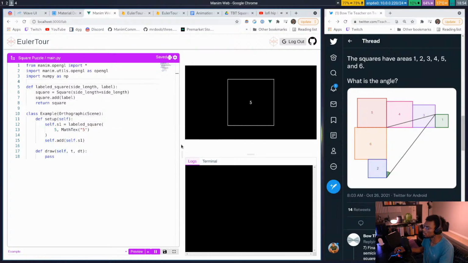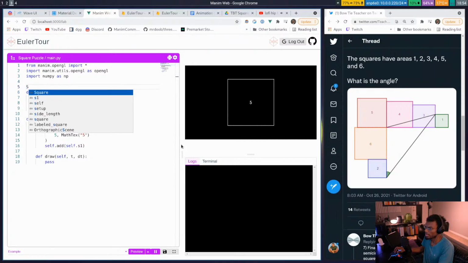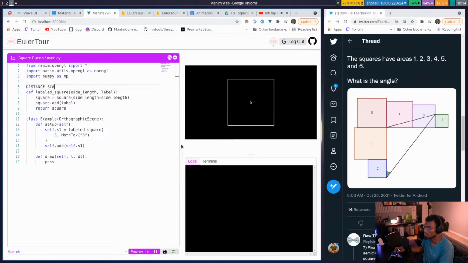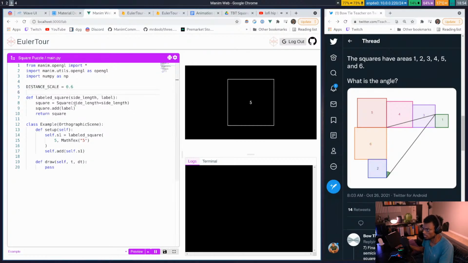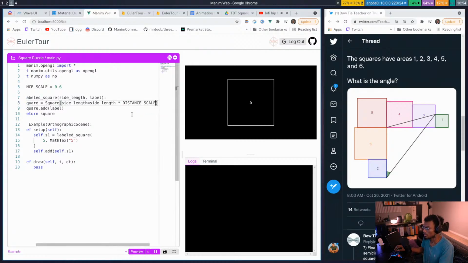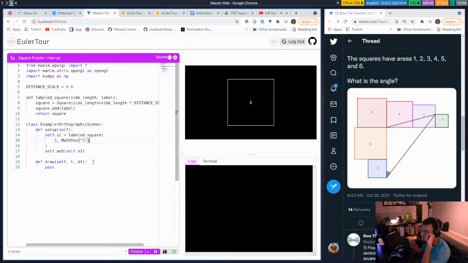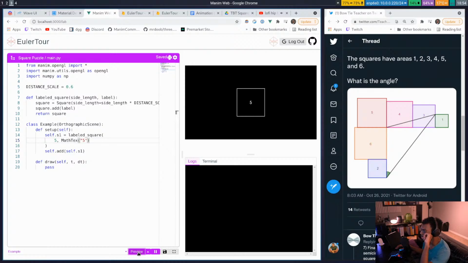Not just for the square, like a scale factor. This in scale, and this will just be like 0.6 or something like that. I can scale that like so. It'll make this a little more manageable.